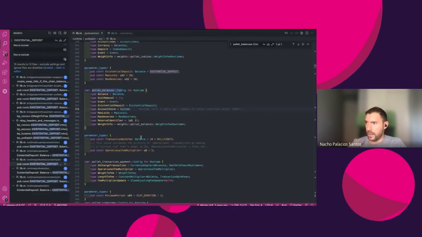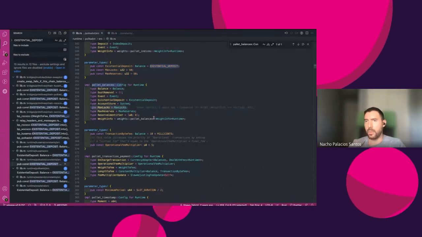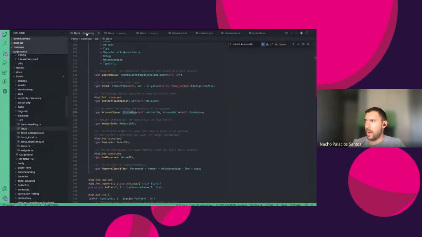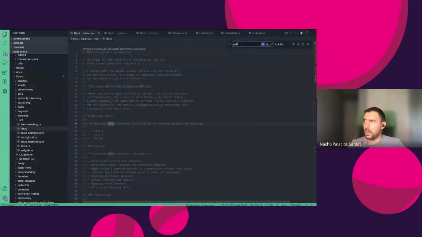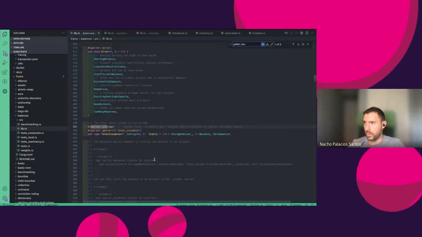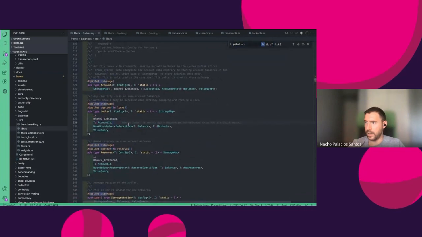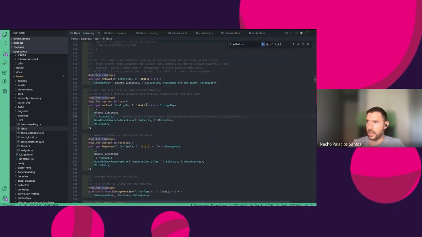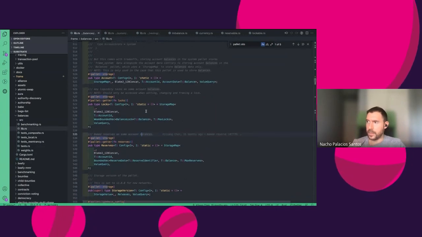Let's keep walking through the configuration. We have the max locks. Remember when I was talking about the locks? It's also a storage item that is a list of balance locks.